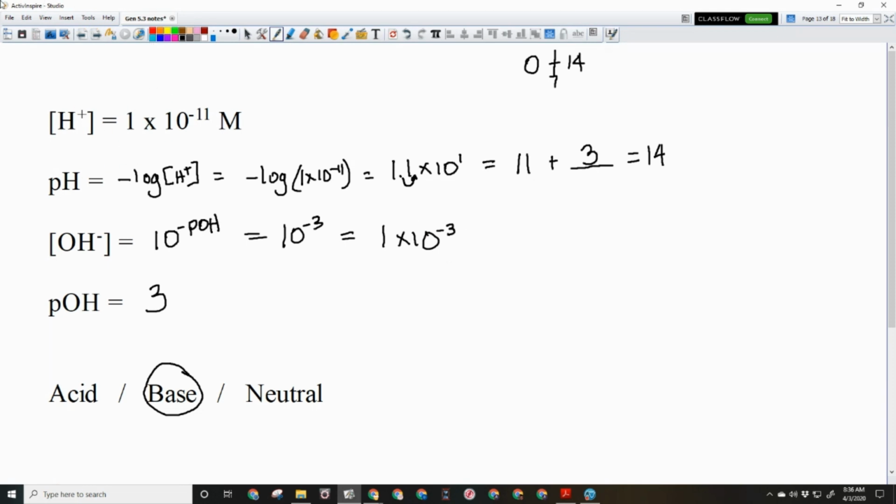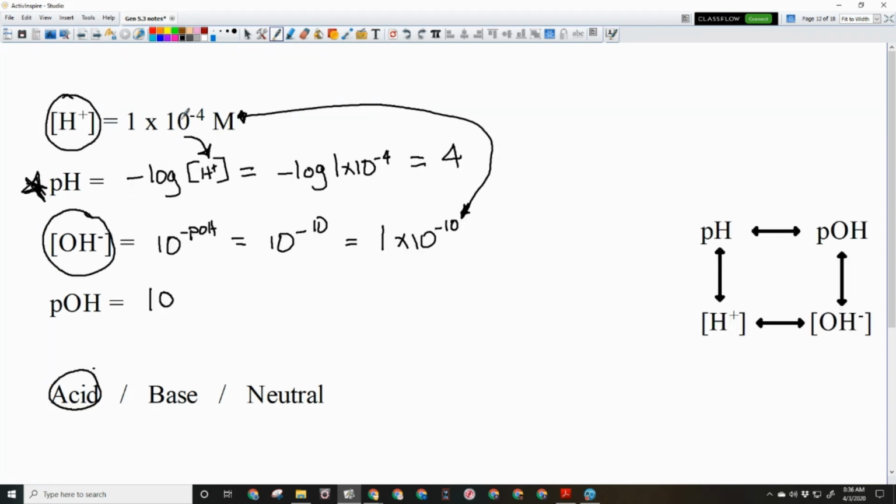You may see a pattern that when you have 1 times 10 to the negative 4, the pH is going to be 4. It's going to be this exponent as a positive number. And when we have the pOH as 10, we're going to see that the concentration is 1 times 10 to the negative of that number.